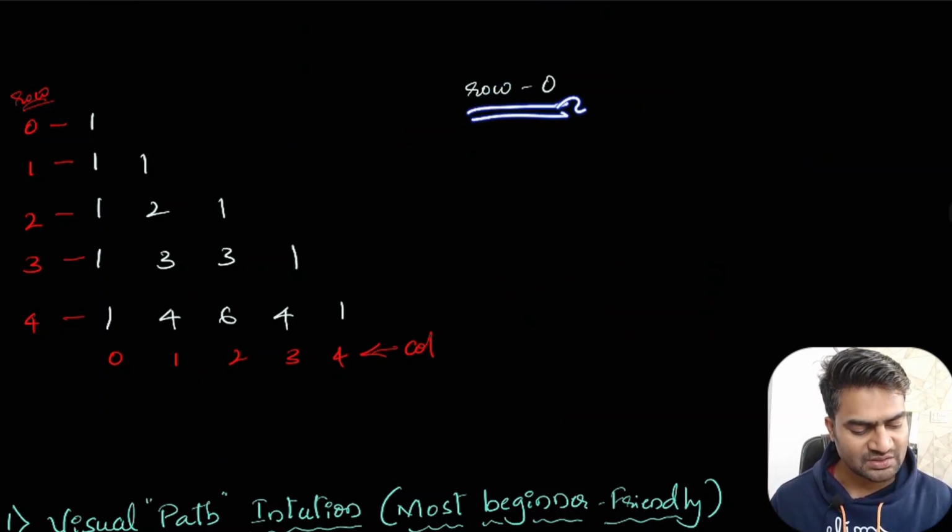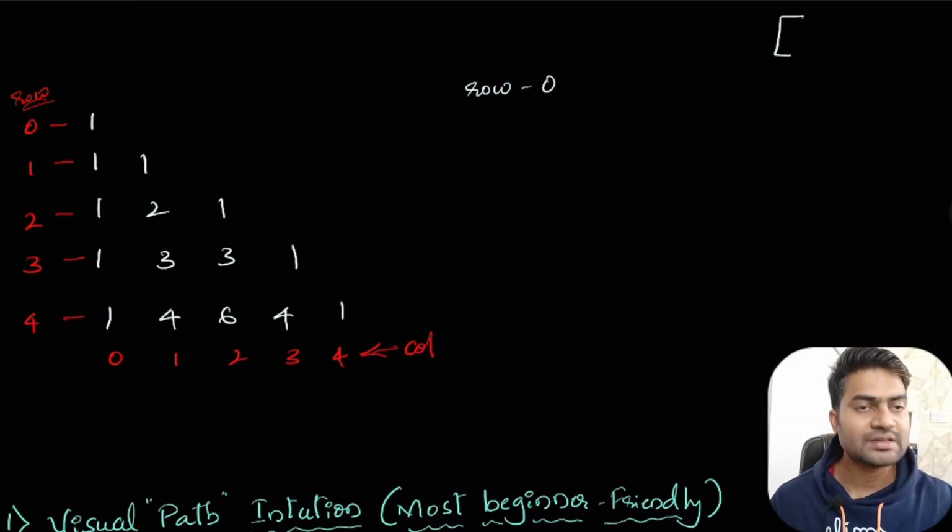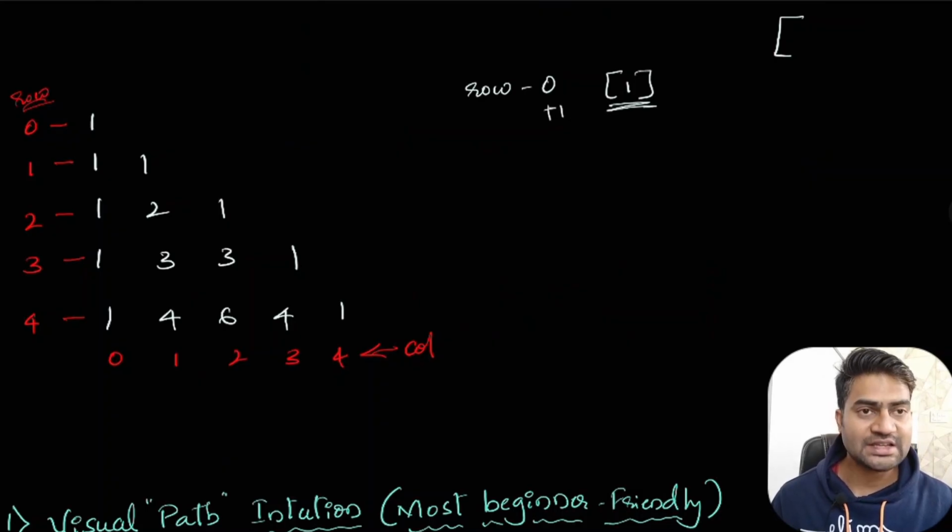When it is row 0, it is simply one value. This is my main result array. When it is row 0, it is only one number, so 0 plus 1, I will generate it and put all the values as 1. Only one number, I will push that here.